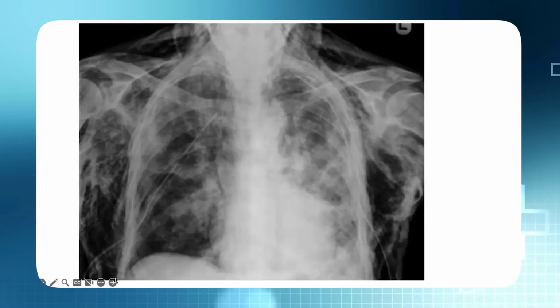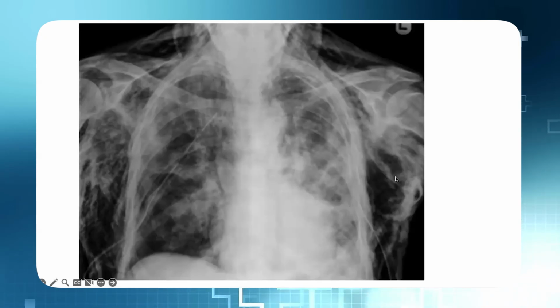There is a right side deep sulcus sign. No mediastinal air here. We don't have a continuous diaphragm sign. This lower left part is contusion of the lung.